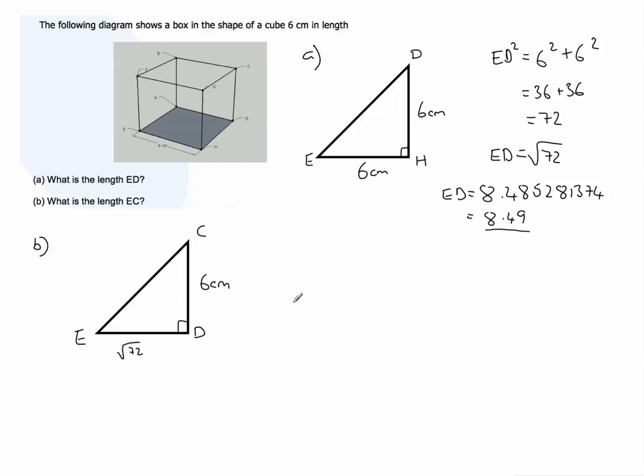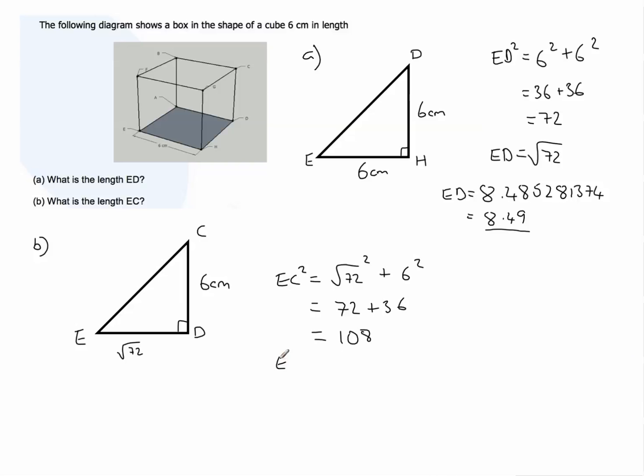So again, I'm going to be using Pythagoras' theorem and say that EC squared is equal to the square root of 72 squared plus 6 squared. Well, if I square the square root of 72, I end up with 72, plus 36, and I add those together, I've got 108.